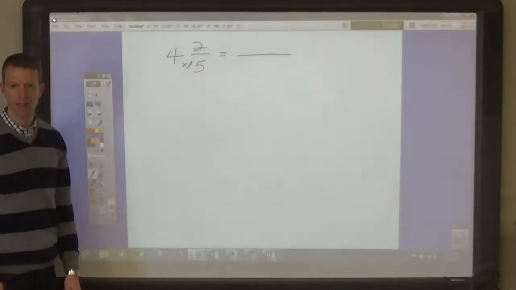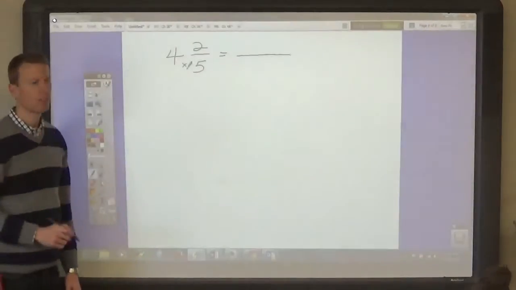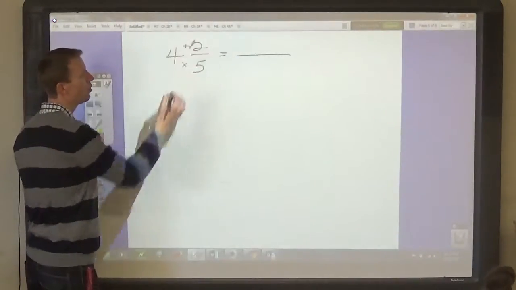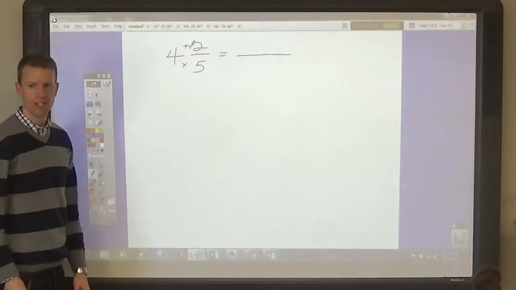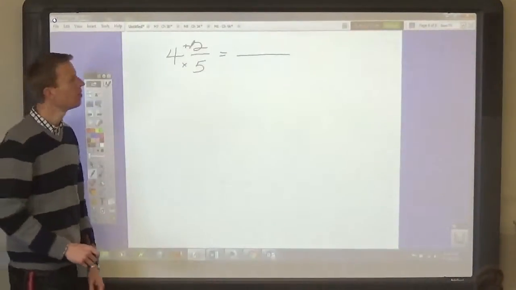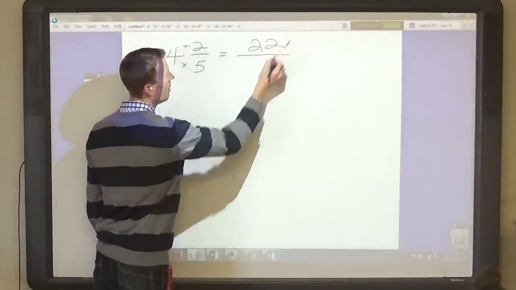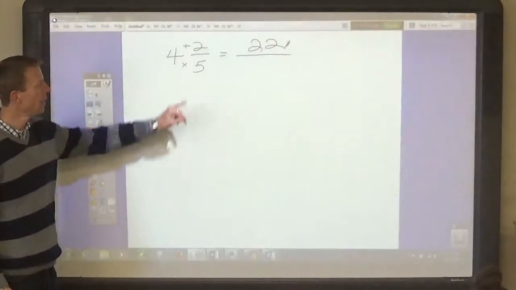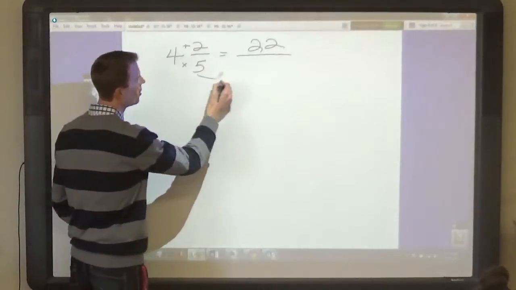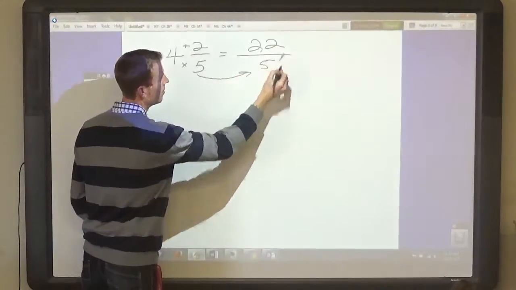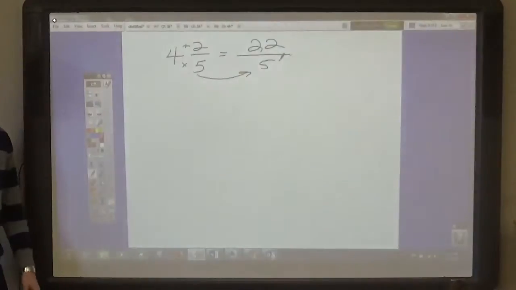How many would you get out of that? 20. Plus the 2 you already had. How many is that total? 22. Now we have 22 pieces cut into fifths. So keep the denominator, 22 fifths.